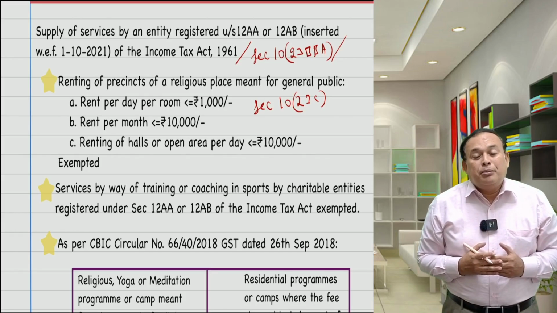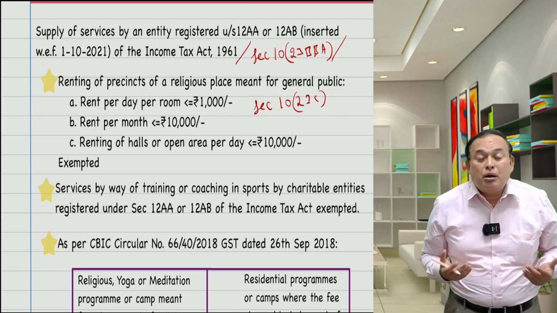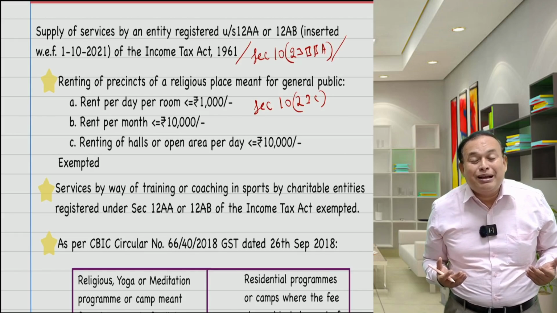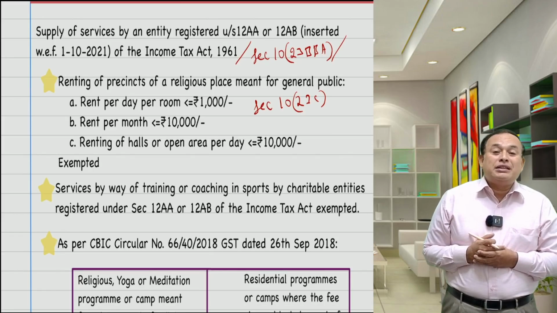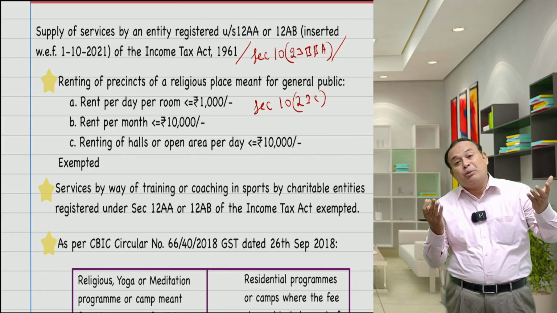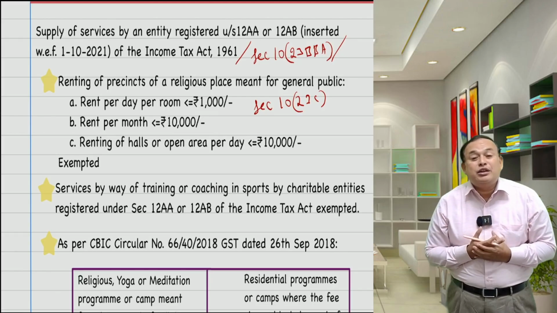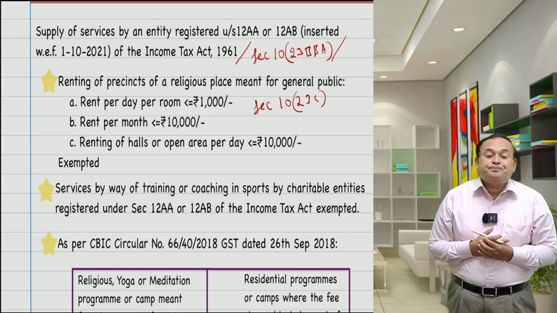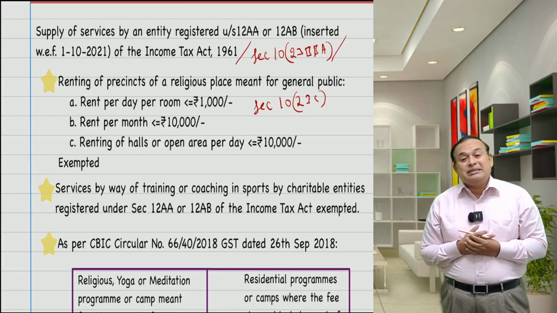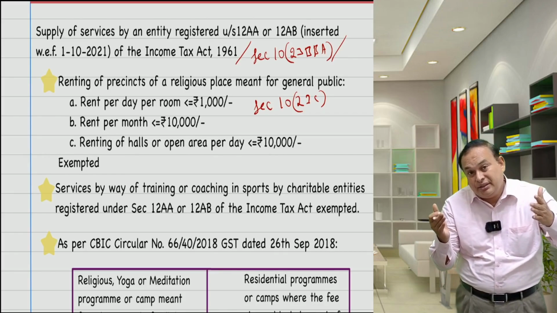If it is per day basis, open space, auditorium, Kalyana Mandapam, less than or equal to 10,000. Per month basis, renting of the properties, less than or equal to 10,000 per month. Qualify for exemption. More than that, taxable.